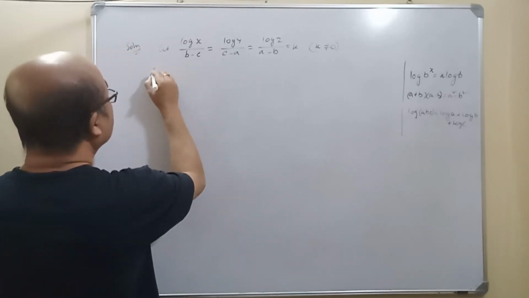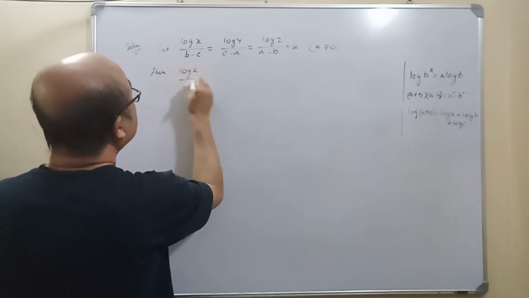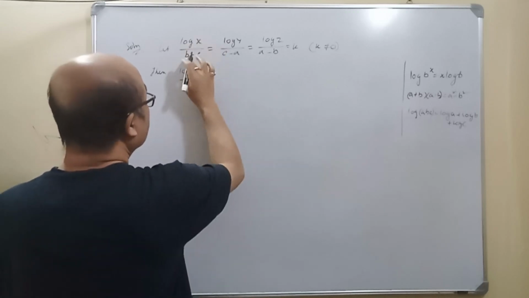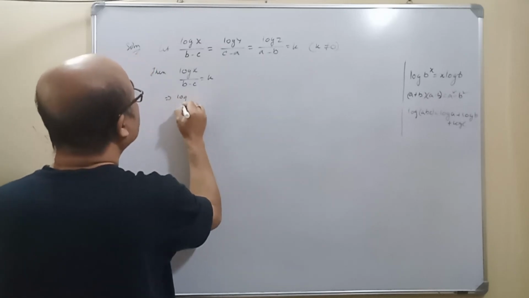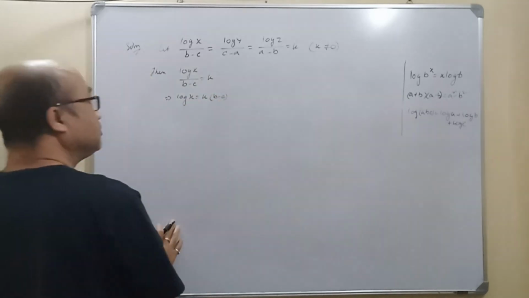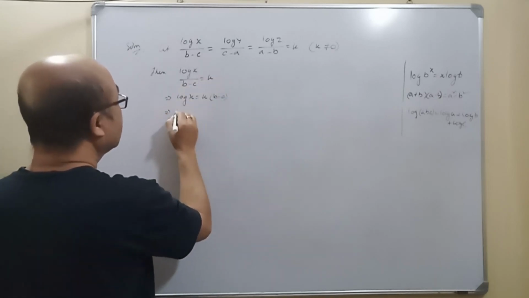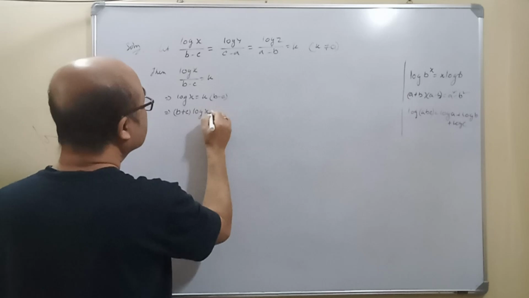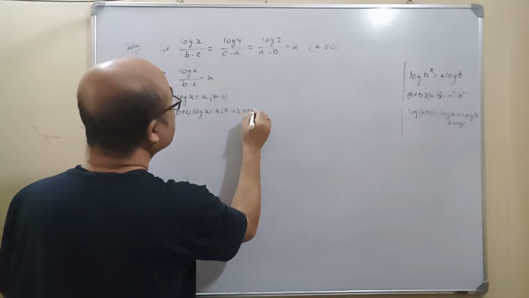Then we have log x by b minus c is equal to k, which means log of x is k into b minus c. Multiplying both sides by b plus c, it becomes b plus c log x equals k into b minus c, b plus c.